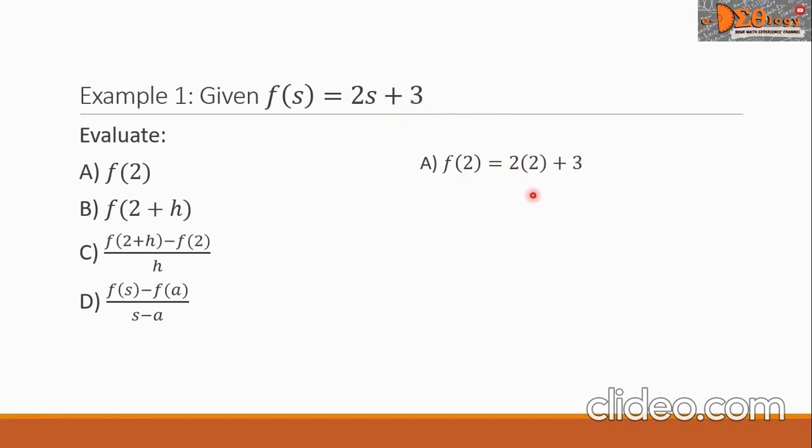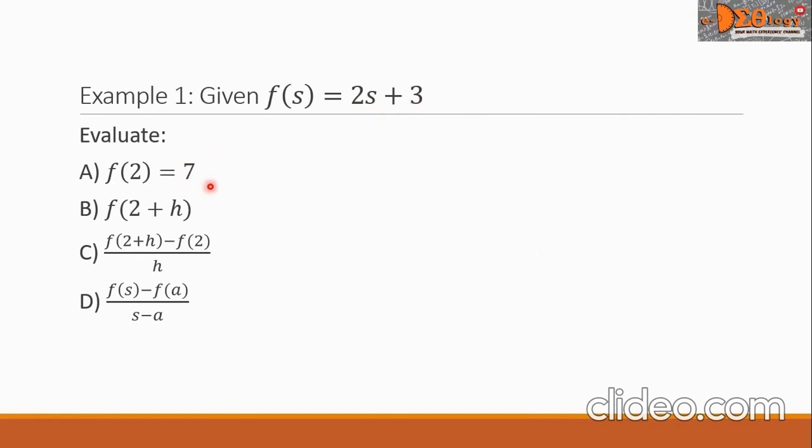And then from here, let us simplify further. 2 multiplied to 2 will be 4 plus 3. And 4 plus 3 equals 7. Therefore, the f of 2 equals 7. So we will write the answer here.